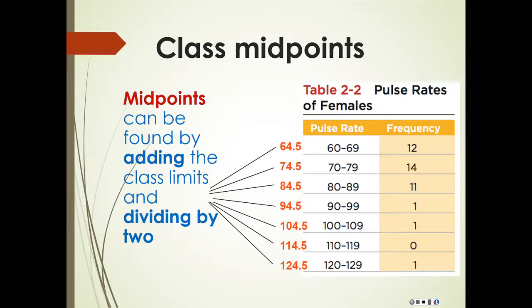And the 10 actually tells me that I've got 10 here, and the next 10, 60 plus 10 is 70, the next 10 go in the next box. Okay? So you can find your midpoint of any interval, including class intervals, by adding the two endpoints of the intervals, the lower endpoint and the upper endpoint. Just add those together. 60 plus 69 is 129, and then divide by 2. And you'll have the class midpoint.